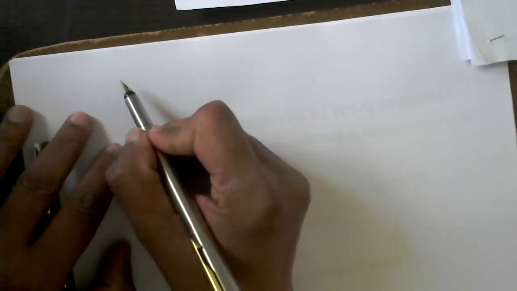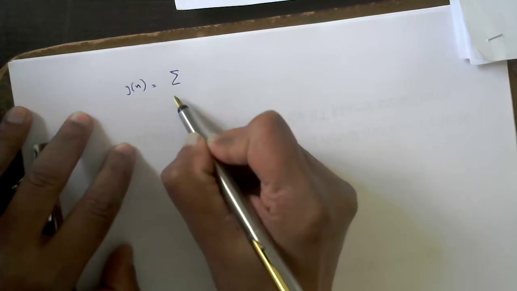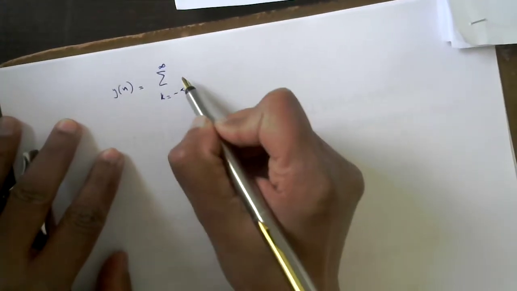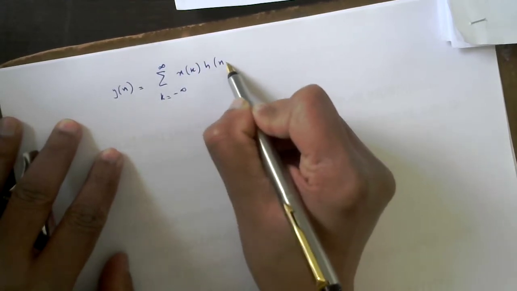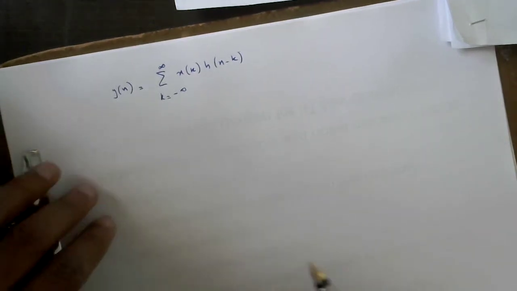So to start with that, let me write the convolution sum y of n. I write it as the same sum, k equal to minus infinity to plus infinity, x of k h of n minus k. This is the same form which we saw earlier, right?